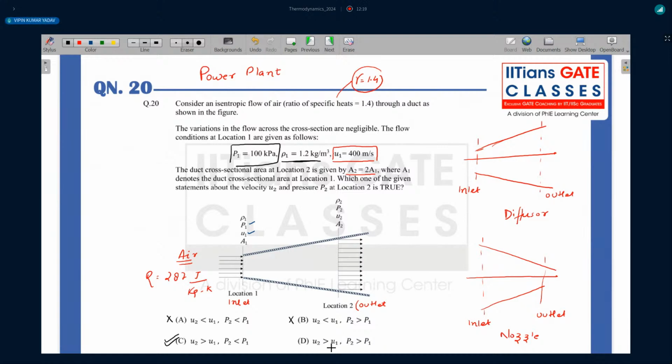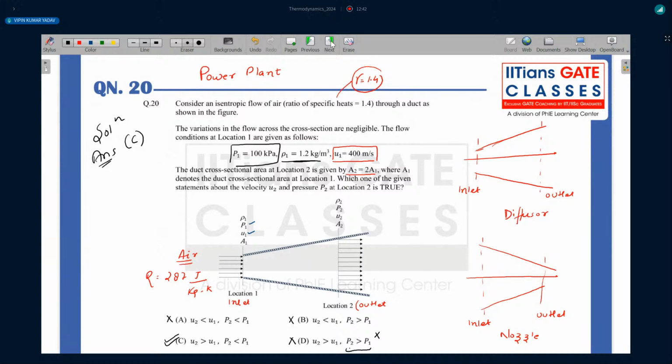U2 is greater than U1, yes, correct, and P2 is greater than P1. No, pressure is not increasing, so this is also not correct. So the correct answer is option C.